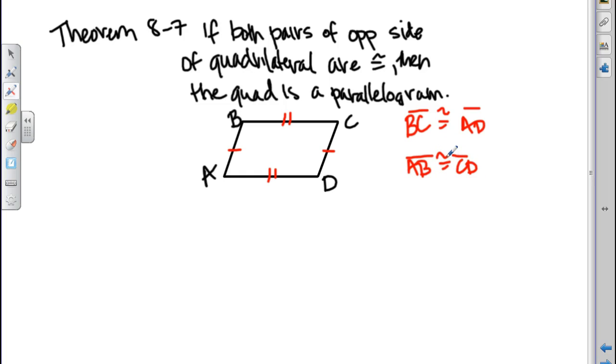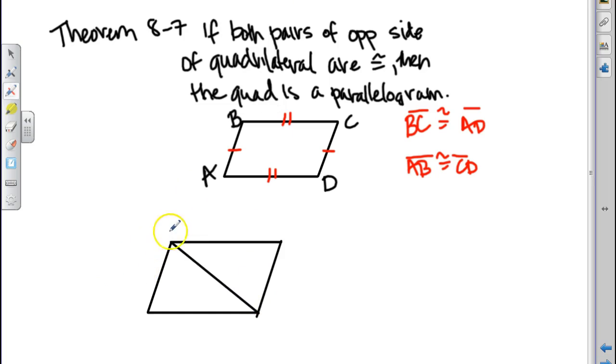All right. So let me give you an example here. This would be example number 1. It goes with this theorem. So this is quadrilateral WXYZ.